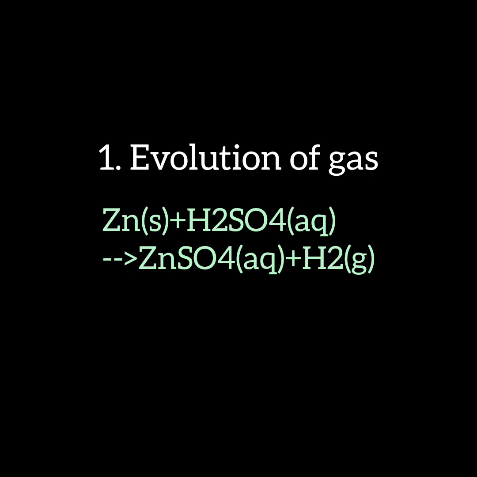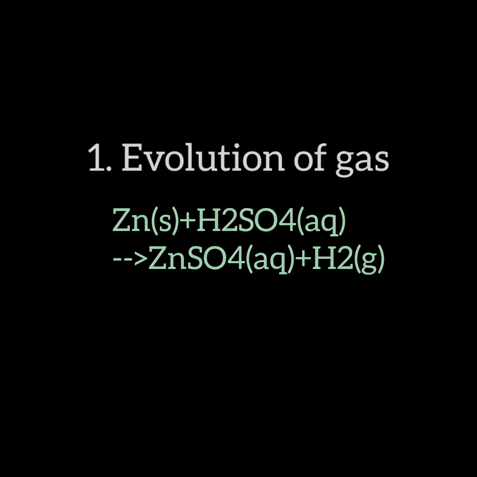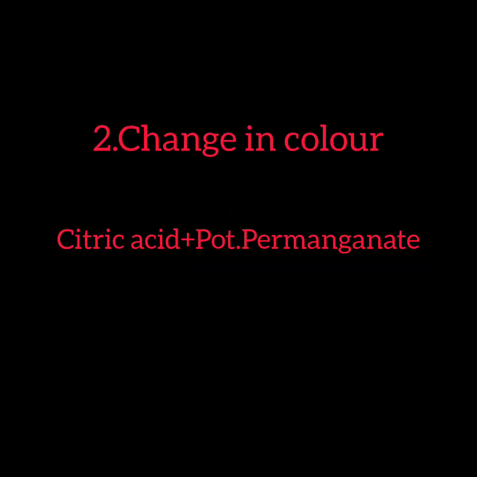Zinc, we are giving the symbol as Zn, and sulfuric acid is H2SO4, and we will get zinc sulfate plus hydrogen gas. In this reaction, hydrogen gas is evolved. So, this is accompanied with the evolution of gas.